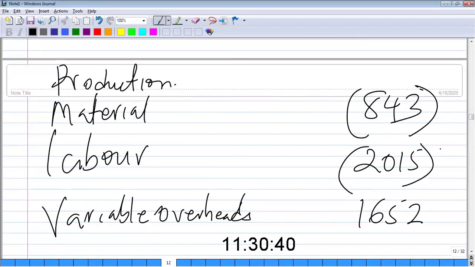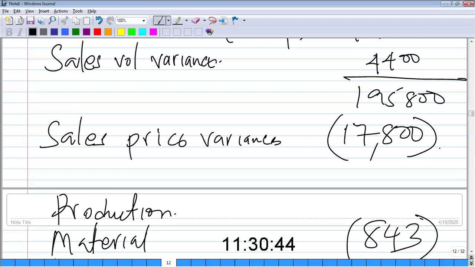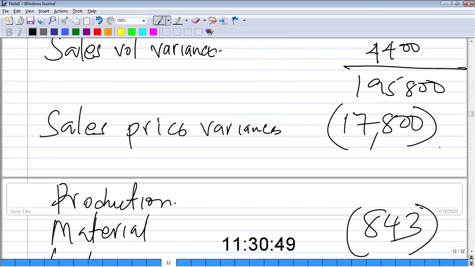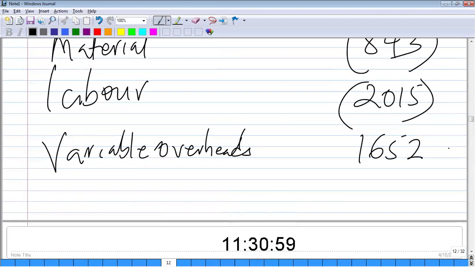So now let's see. Are we reconciled? 195,800 minus 17,800 minus 843 minus 2,015 plus 1,652.